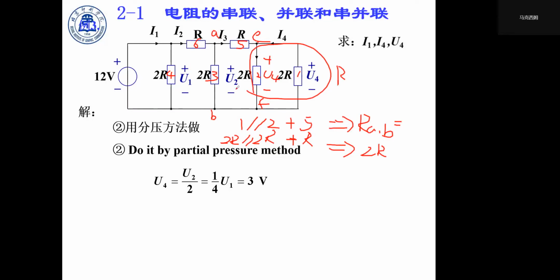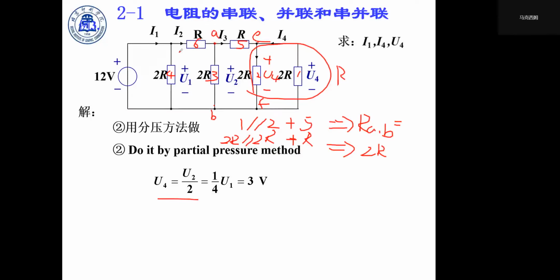So it means U4 is half of the value of U2. U2 is the total value between A and B, and those two are in a parallel form. Similarly, we can calculate that again.